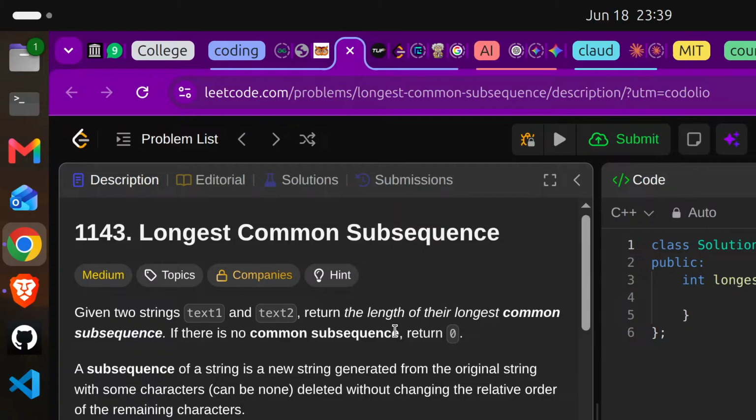We have to return the max out of it, right? So here, max of this, okay.